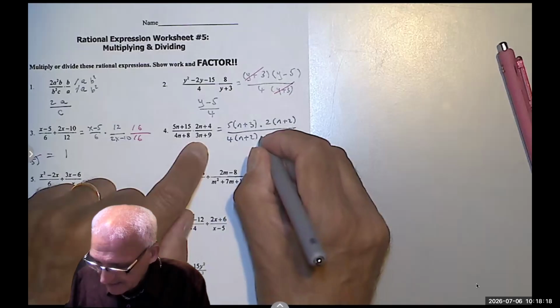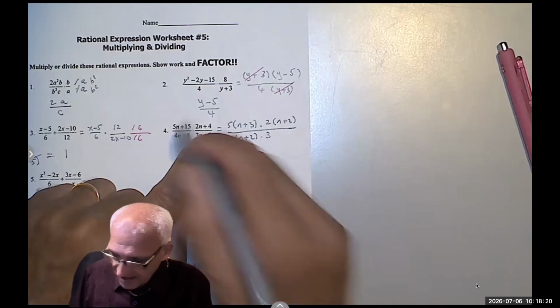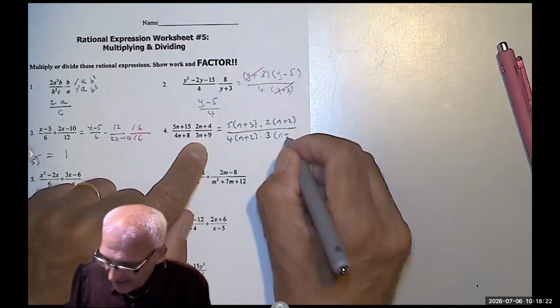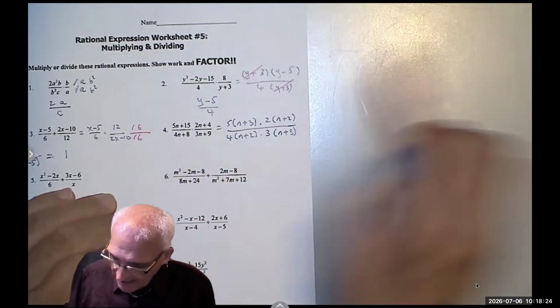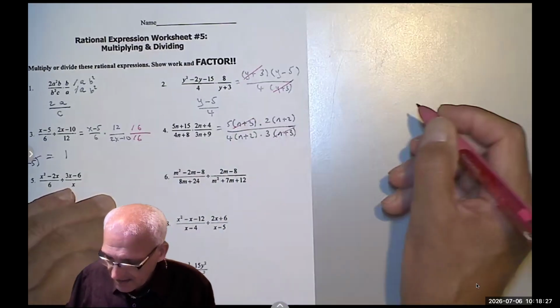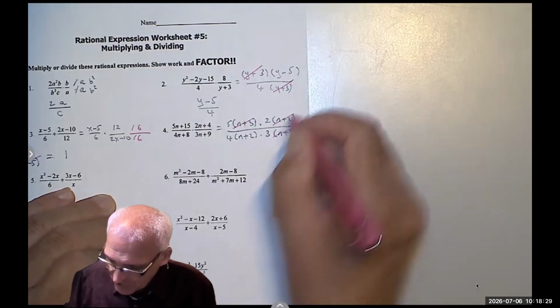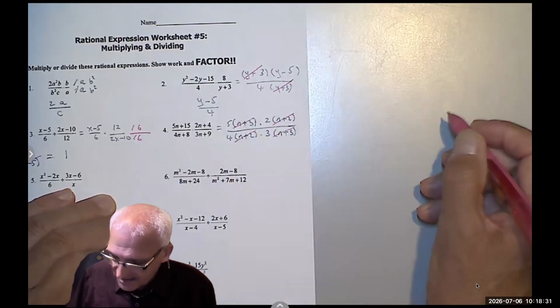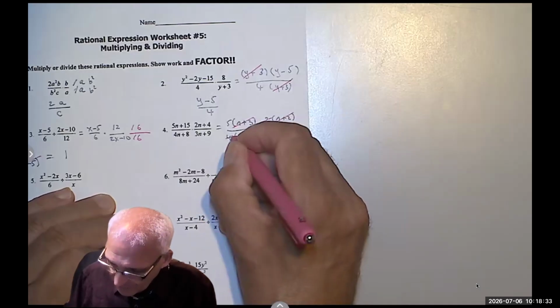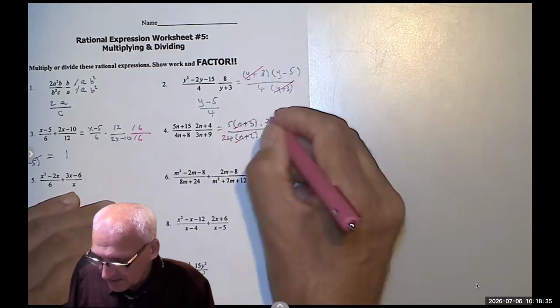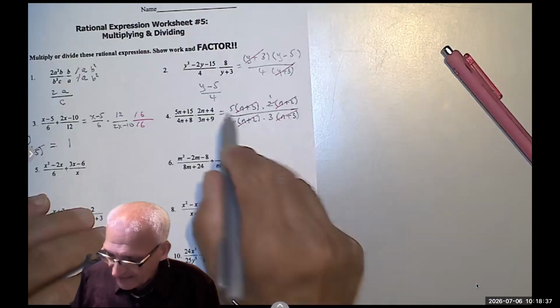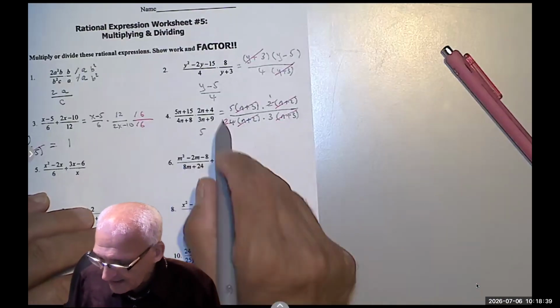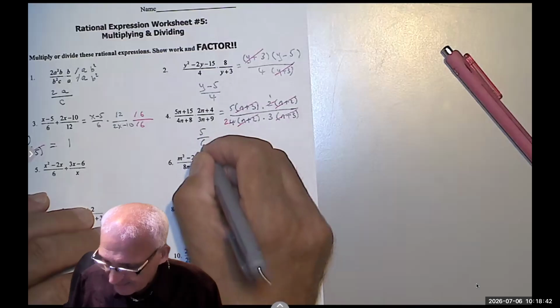Here I can multiply by taking 3 as a common factor, and that leaves me with n plus 3. N plus 3 and n plus 3 cancel. N plus 2 and n plus 2 cancel. The 2 and the 4 makes it 2 in the denominator. So 5 times 1 is 5, and 2 times 3 is 6, so 5 over 6.